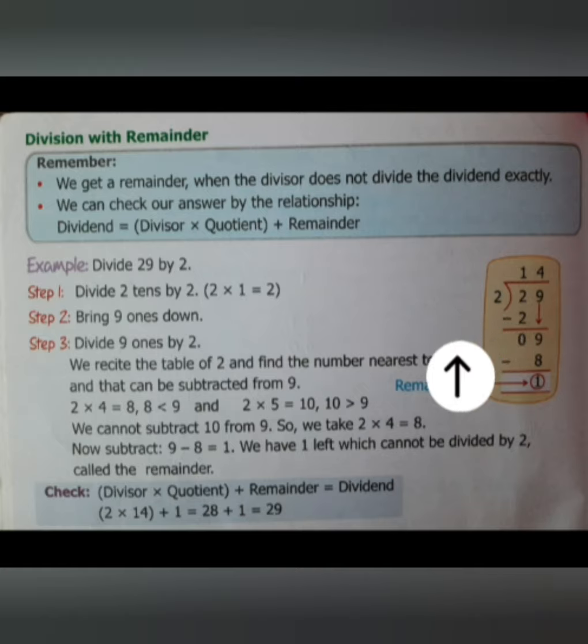So children, we have seen that in the multiplication table of 2, the number which is just one less than 9, that is 8. 2 fours are 8. It is there in the table of 2. So we have written a number which is just 1 less than 9. So 2 fours are 8. Okay, 8 is subtracted from 9 and it is 1.